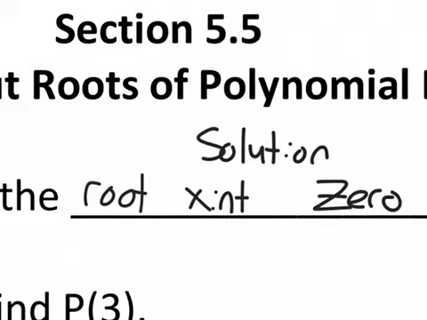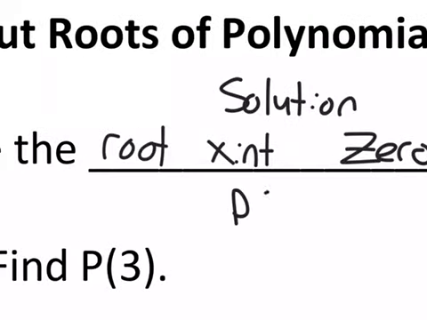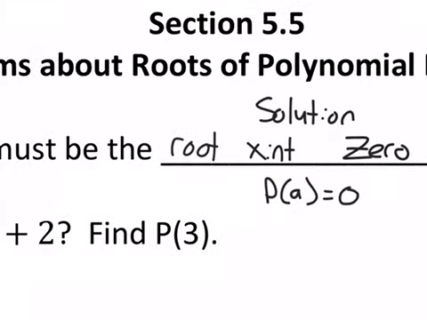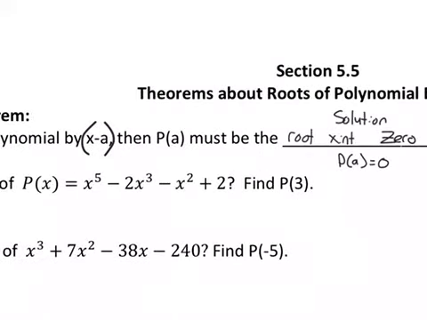That last one makes the most sense here, where we want P of a to equal 0. Those other words are synonyms, because for an x-intercept the y-coordinate is 0. This is what allowed us to determine if we should use synthetic division or not.